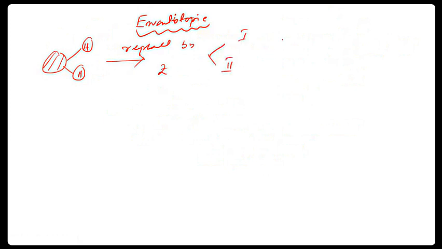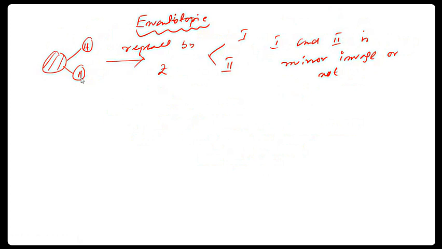Now check whether 1 and 2 are mirror images or not. If they are mirror images, then they are enantiomers, meaning these protons are enantiotopic in nature. If they are not mirror images, we have already discussed that they may be homotopic, they may be diastereotopic, but now we will just focus on enantiotopicity. So if they are mirror images, they are enantiotopic.